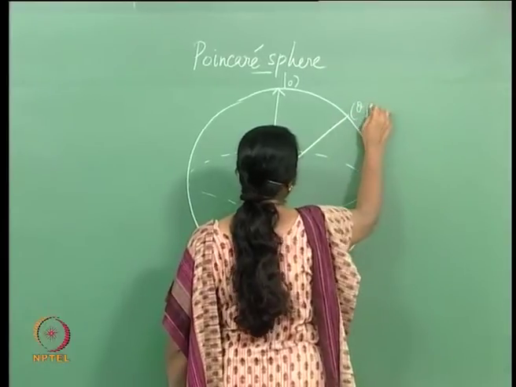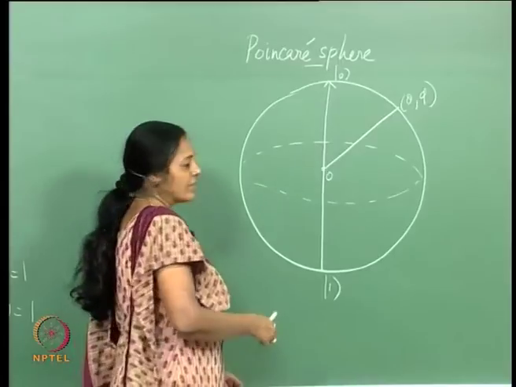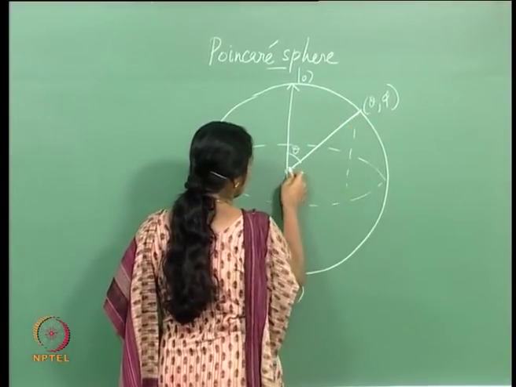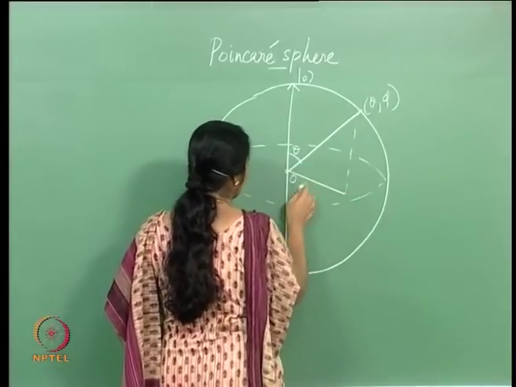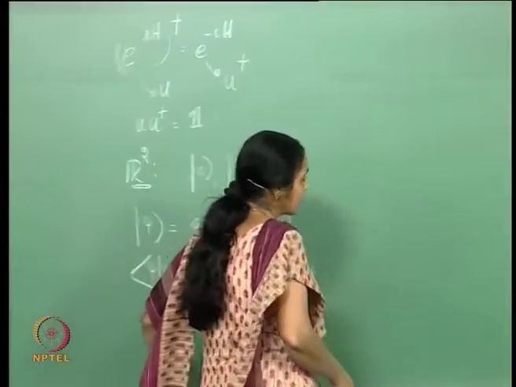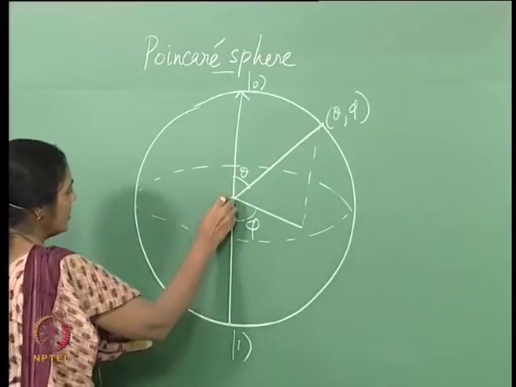Any point here is represented by the coordinates theta and phi, where this is theta and that is phi. So, polar and azimuthal angles, that is the origin.